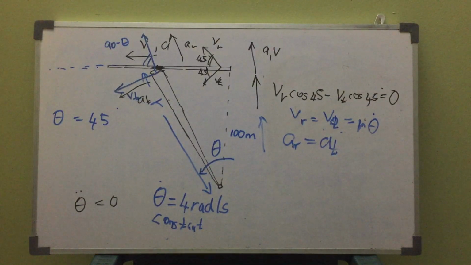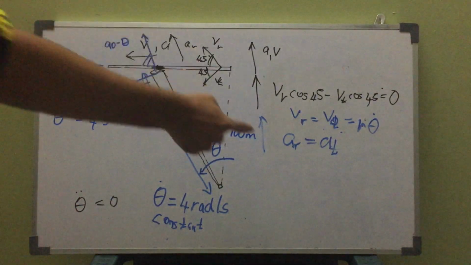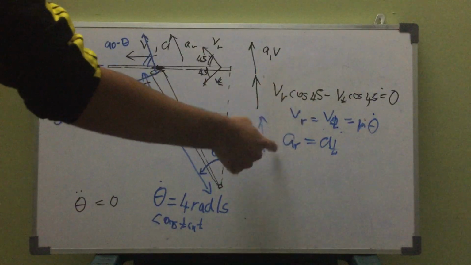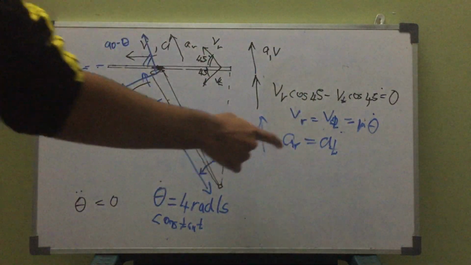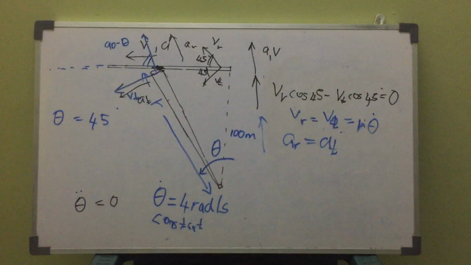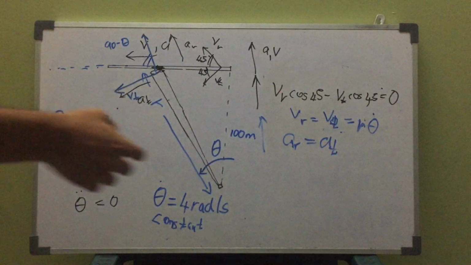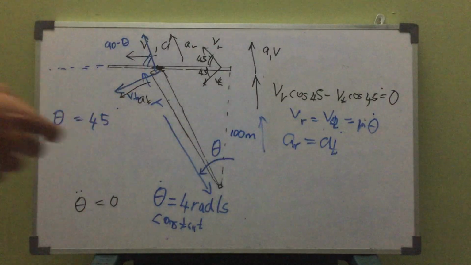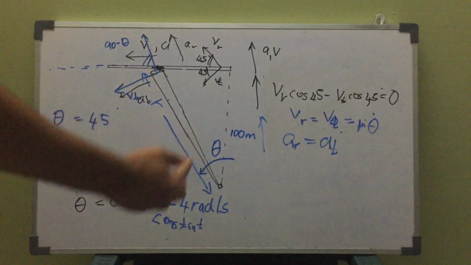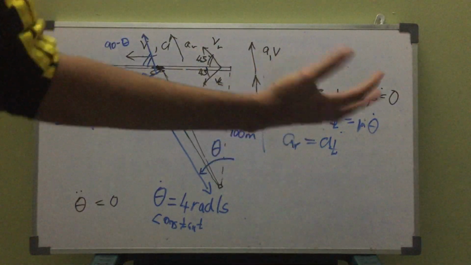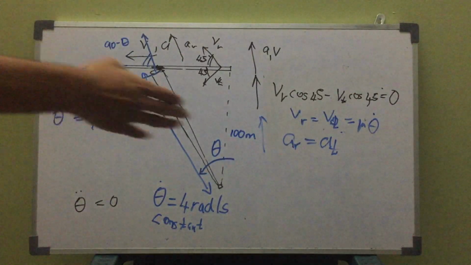So I'm going to ignore that step here because I have already got AR equal to AT. So it's enough to find AT or AR. As we all know, when we are considering AR, we need to find r double dot minus r theta dot squared. So I'm going to ignore this.